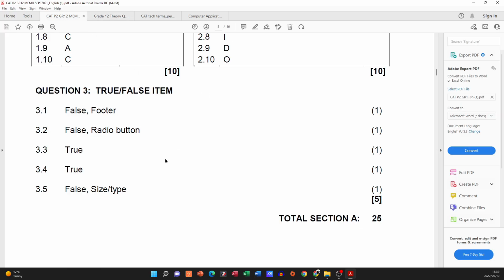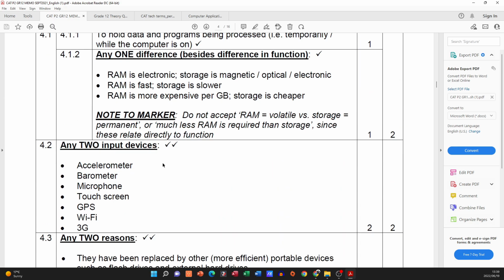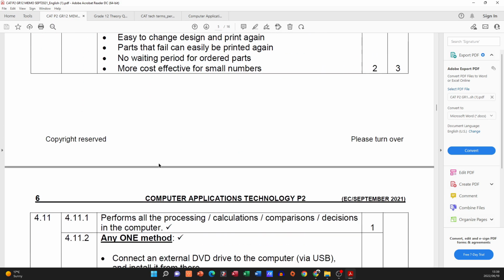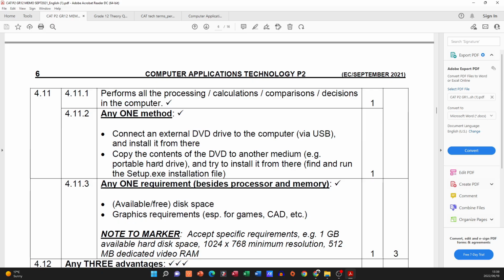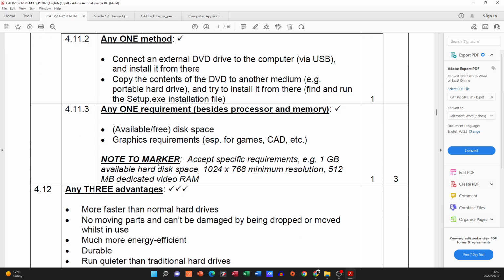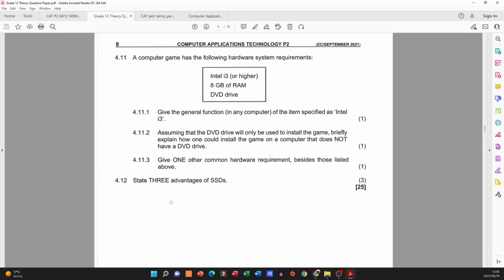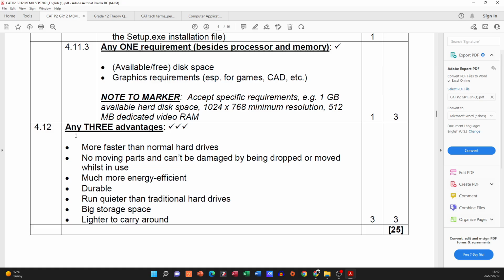Now, I want to go to this one in particular so that you can see over here. State 3 advantages of your SSDs. SSDs are faster than the normal hard drive, but you'll have to say why.